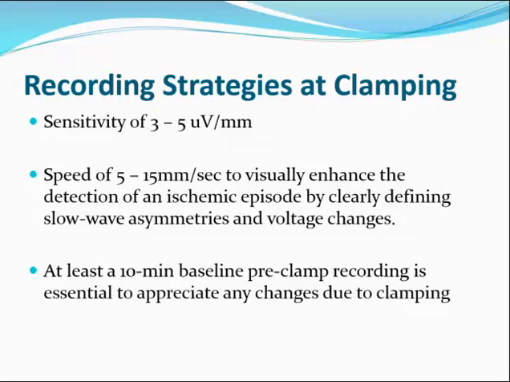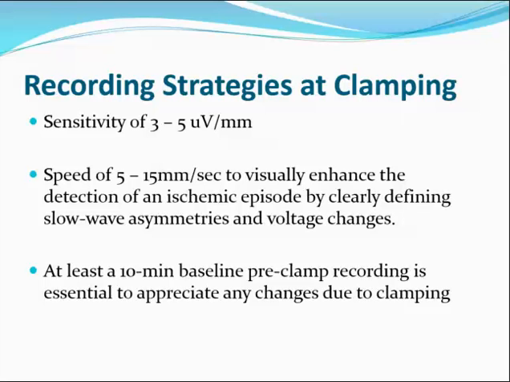Recording strategies at clamping. Now, the last thing you want in a carotid is that a change should go undetected because of technical issues. So you want your sensitivity to be between 3 to 5 microvolts per millimeter for display.